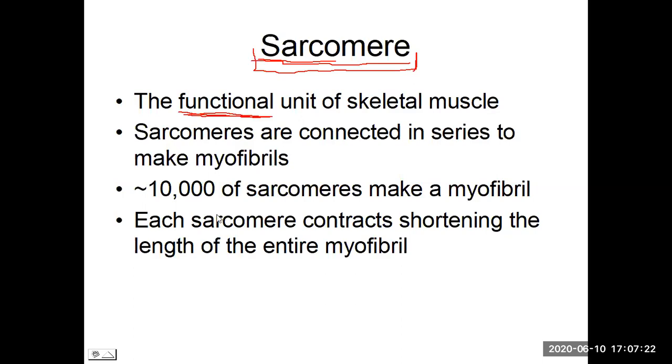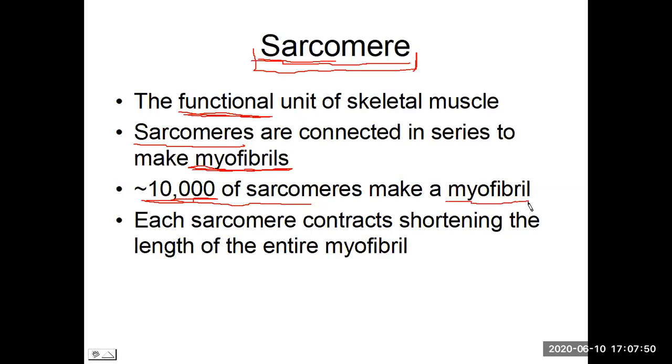This is related to the previous structures we were just looking at, the myofibrils, themselves made of the thick and thin myofilaments. So myofibrils are segmented into multiple sarcomeres. In fact, it takes several thousand sarcomeres connected end to end to make just a single myofibril.